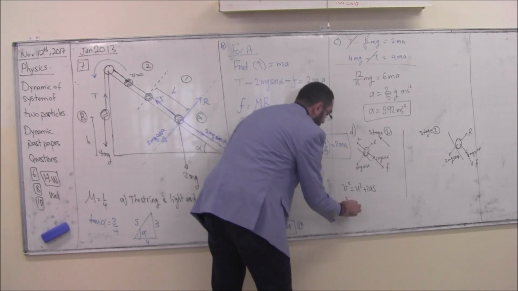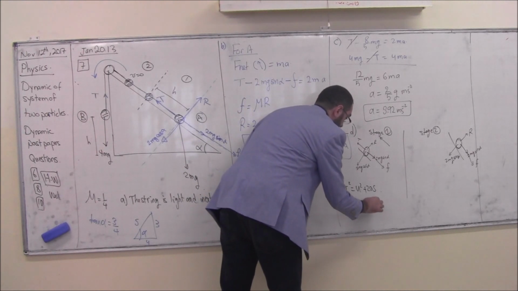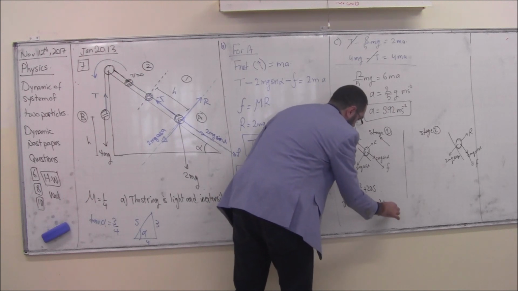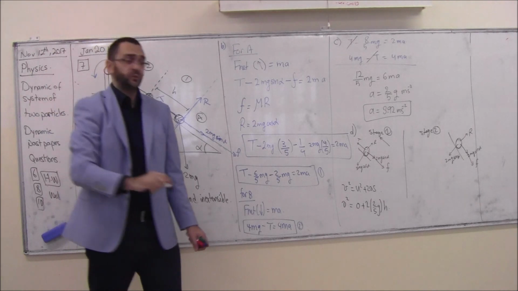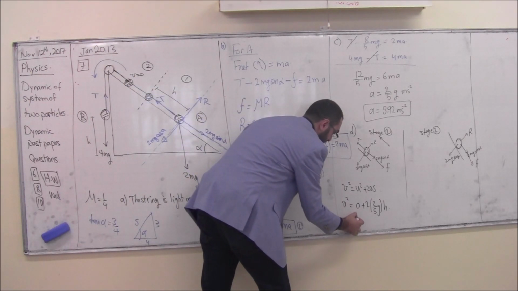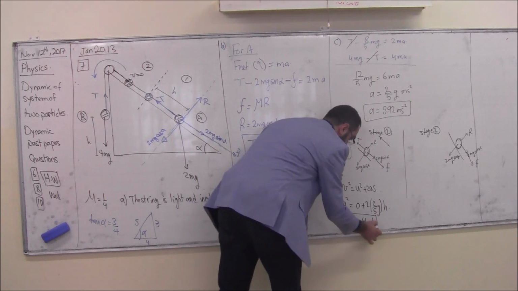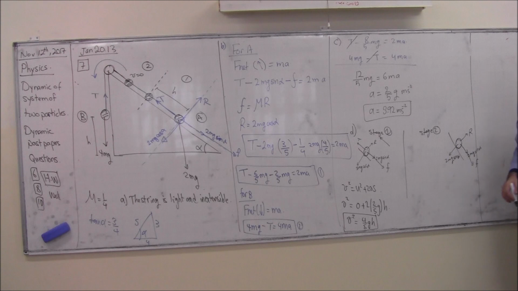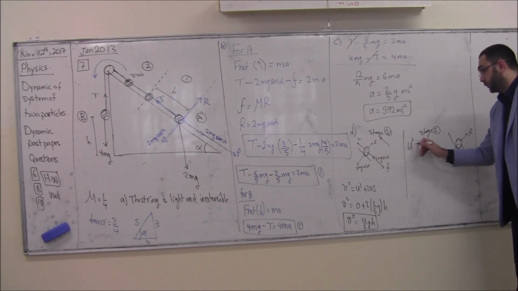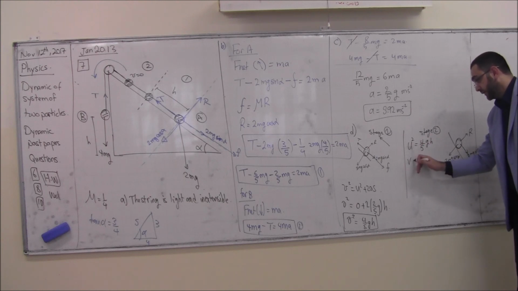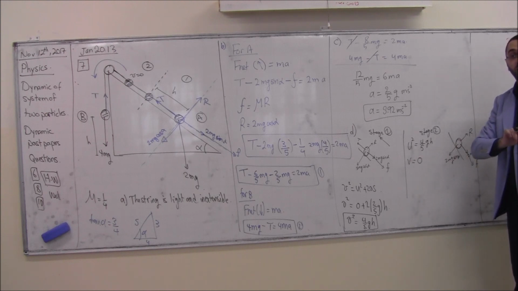V squared equals 0 plus 2 times A, 2 over 5 G, with S H. So V squared equals 4 over 5 GH. I will keep it as it is. U squared here will be 4 over 5 GH, and V is 0. We need the displacement in the second stage.